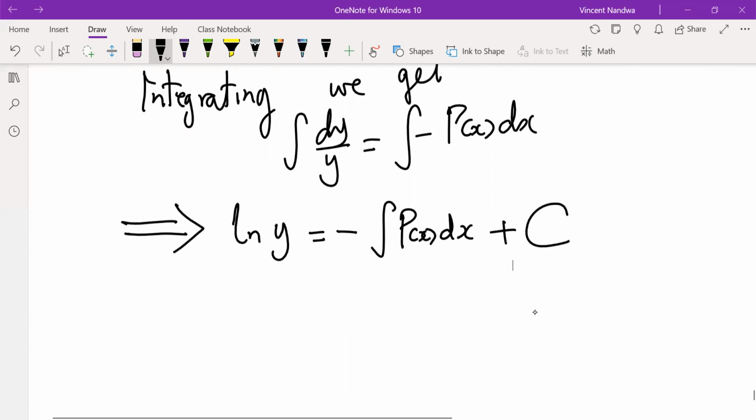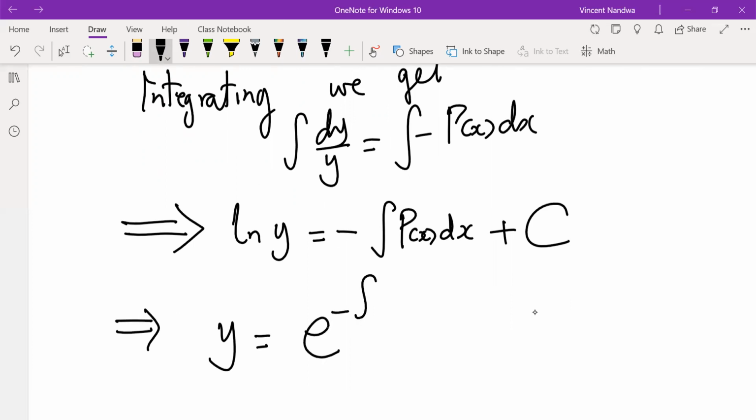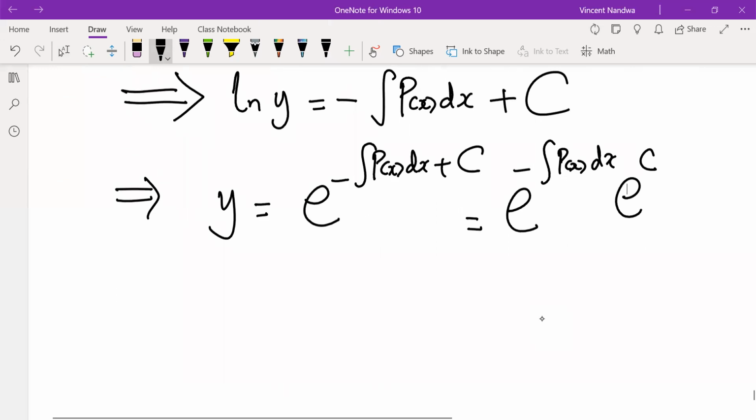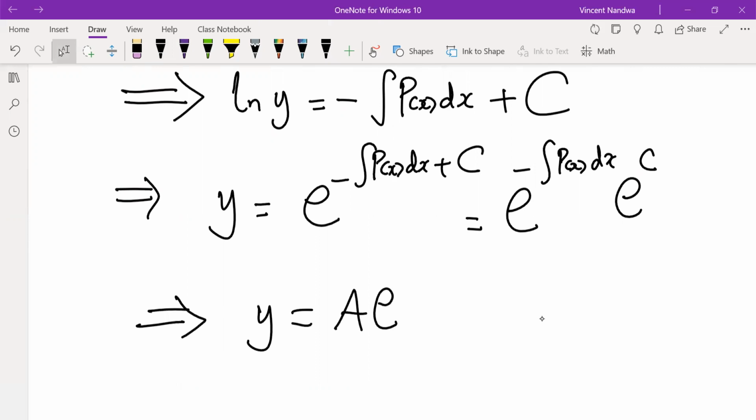Now, if you raise both sides to e, y will be e raised to a negative integral of p of x dx plus c, which is e raised to a negative integral of p of x dx times e raised to power c from laws of indices, which implies that y is A e raised to power the integral of negative p of x dx, where e raised to power c is what I'm calling A.